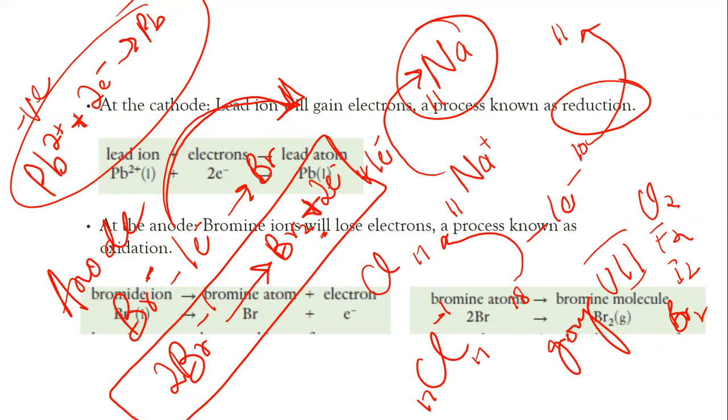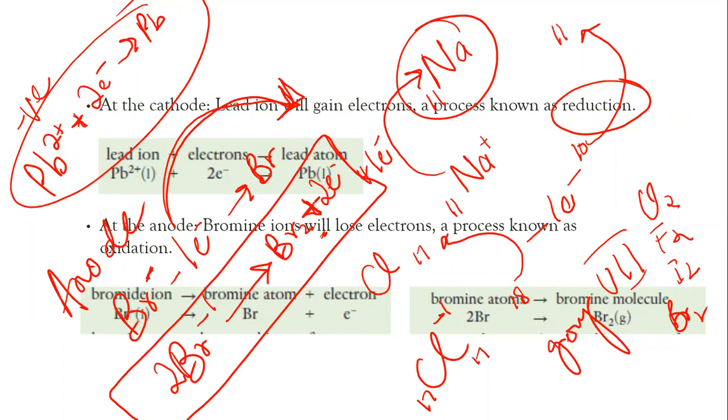If I write down plus with the ion, then it is reduction, because if an ion gains electrons, it is reduction. If an ion loses electrons, it is oxidation. So at the cathode, always, always, it is reduction.